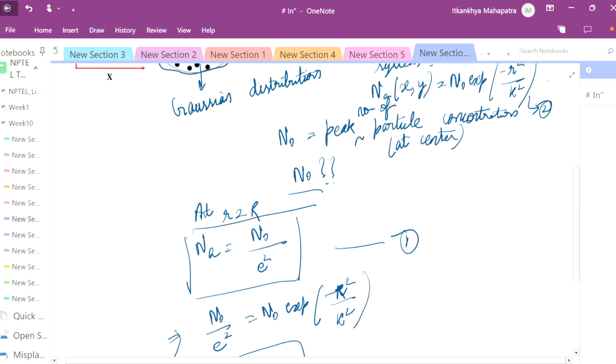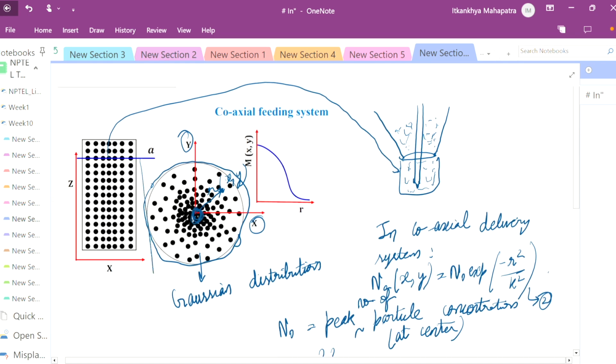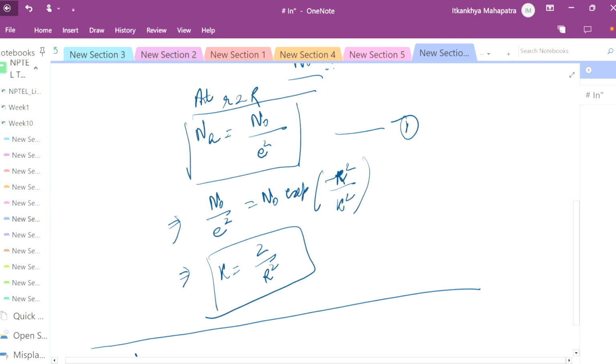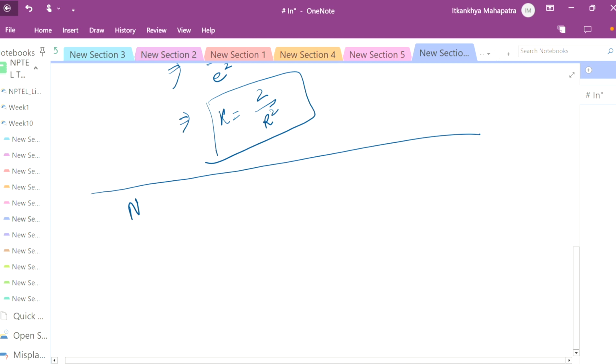For n naught, we will take this whole thing. I'll draw it here. For the whole strip, I'll take an area for a strip. How many particles will be there in this strip? We will integrate it.